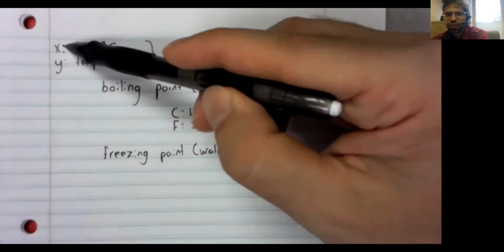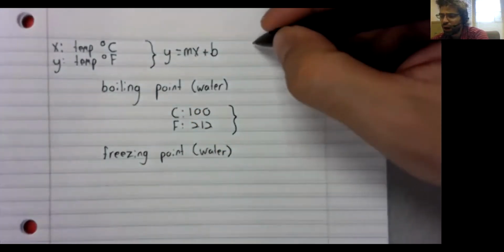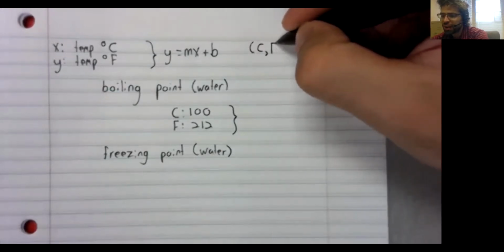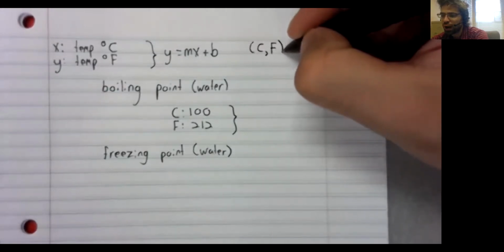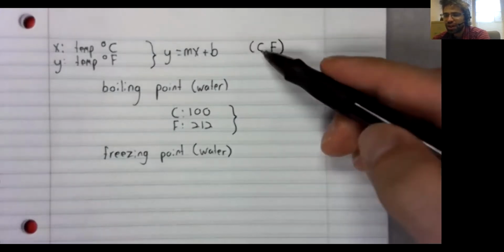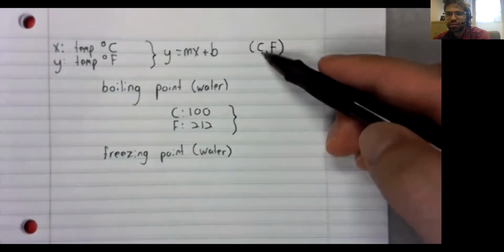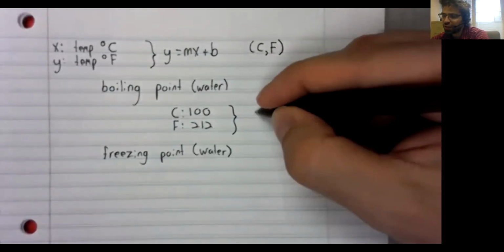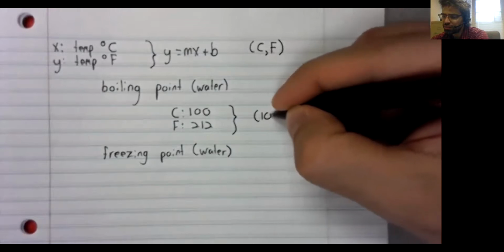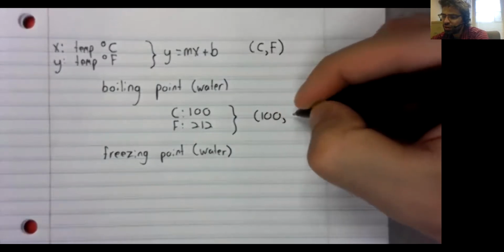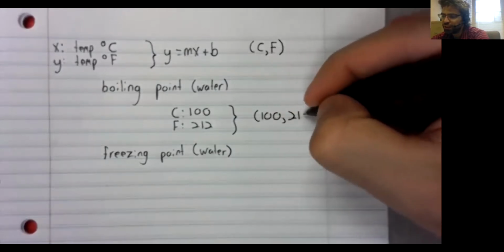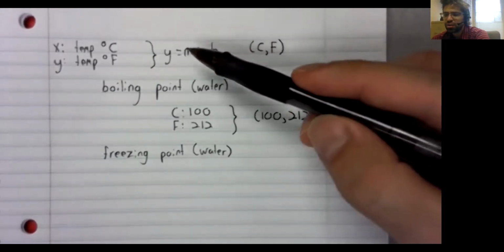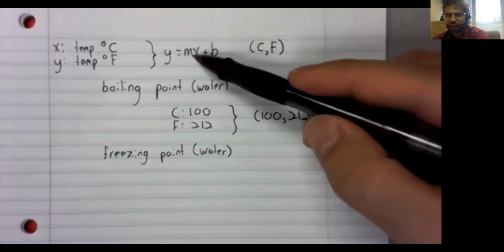If you have an x and you have a y, you've got a point, x comma y. In this case, the x coordinate is degrees Celsius. The y coordinate is degrees Fahrenheit. So this point is a point on this graph.